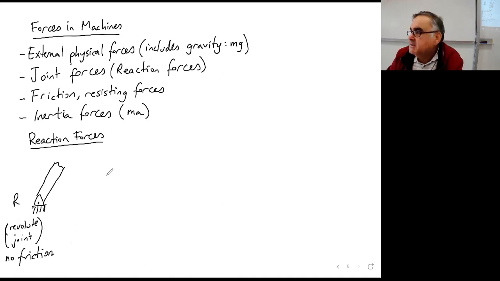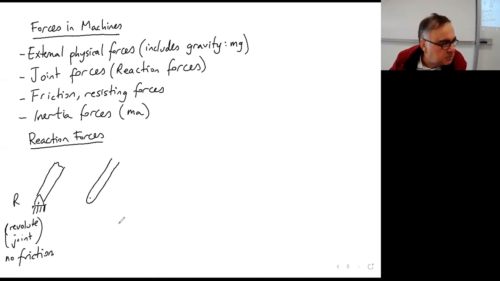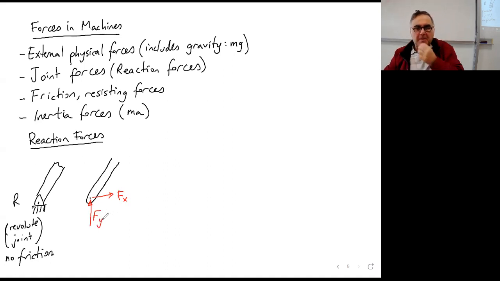In this case, what kind of motions does this joint prevent? Let's take our member on which the joint is applied. It prevents, at this joint point, the X motion and Y motion, right? So there has to be an Fx and Fy. So the revolute joint can be replaced by two forces.